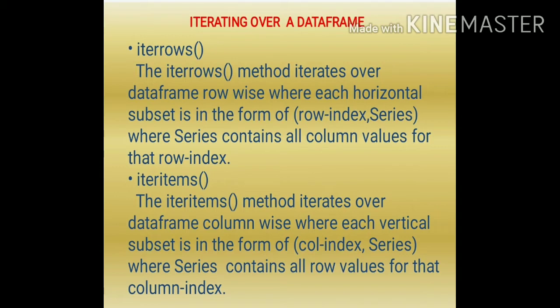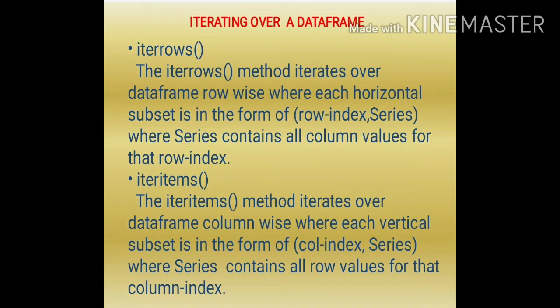While the iteritems method is used to give the data in the form of columns, means vertical subsets will come, and when we talk about iterrows, horizontal subsets will be displayed. The syntax will be column index comma series. Means for that particular column each and every value will be displayed by using the iteritems method.